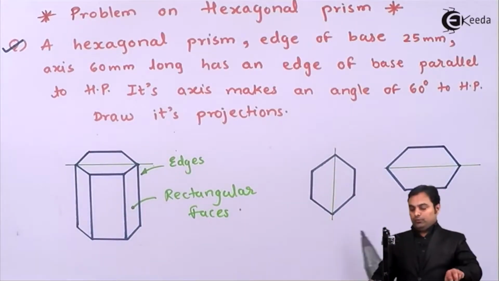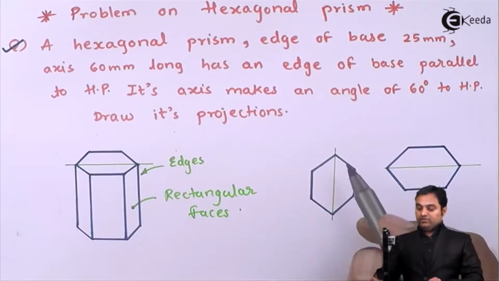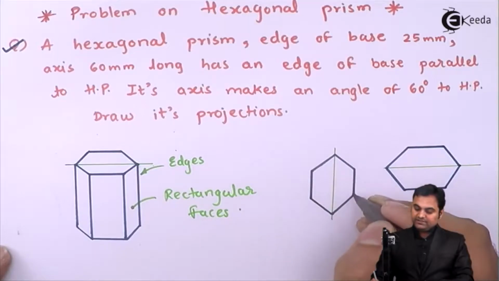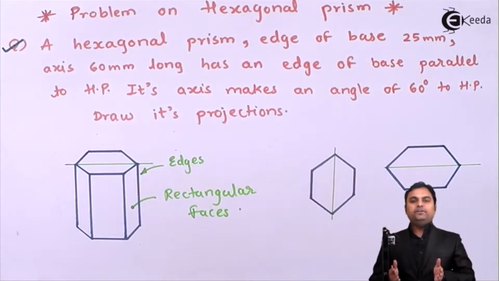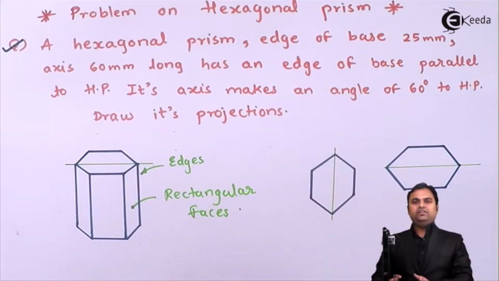The first possibility is that these edges are perpendicular to the plane.